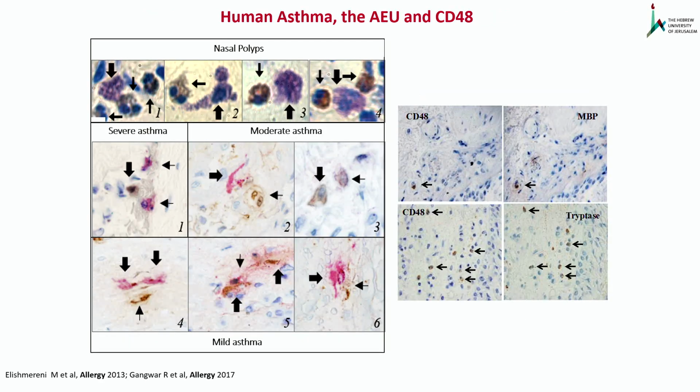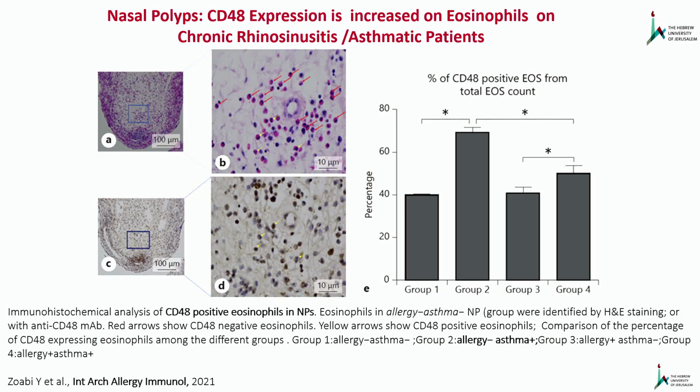In a study we did in collaboration with Peter Bradding and later on with Stephen Holgate, we could see the couples of mast cells and eosinophils, the allergic effector unit, in the lungs of asthmatic patients of various severity, and colocalize CD48 both on eosinophils, as stained by MBP, and on mast cells, as stained by tryptase.